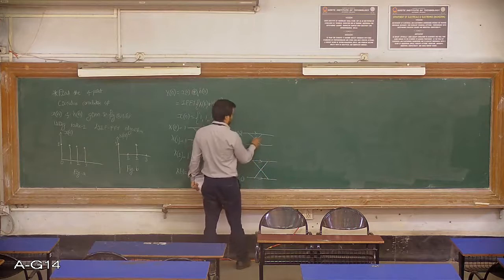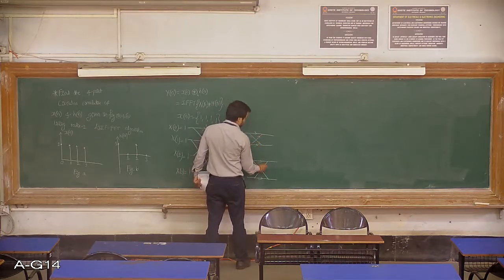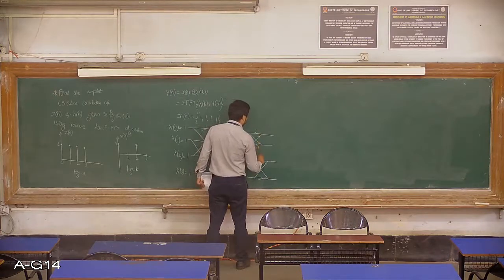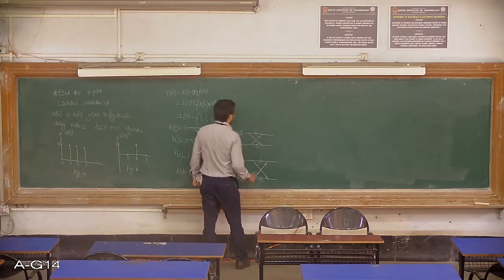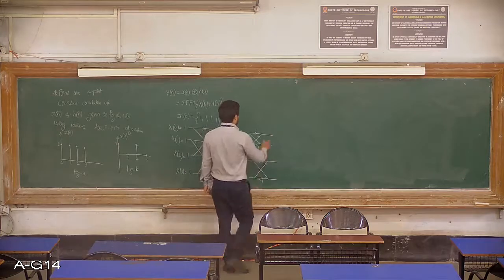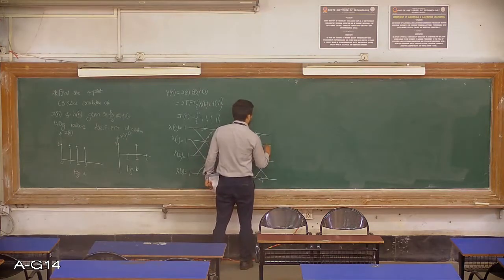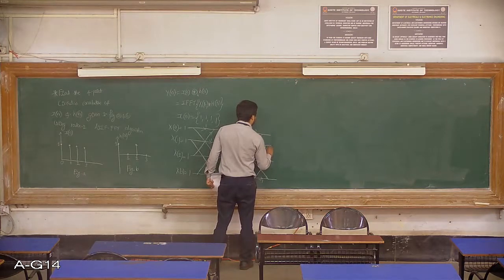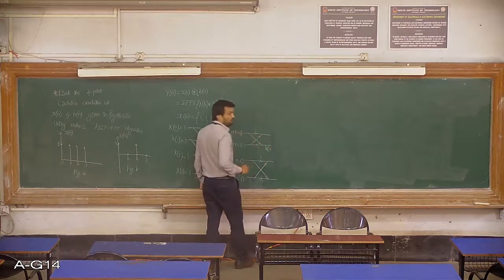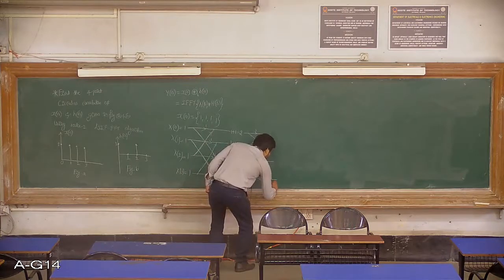Take the 2 point butterfly diagram. So here it is 1, minus 1, 1, minus 1. Compute the values. Here twiddle factor is W2 of 0. What is W2 of 0? It is 1. So here it is also the twiddle factor, it is 1.